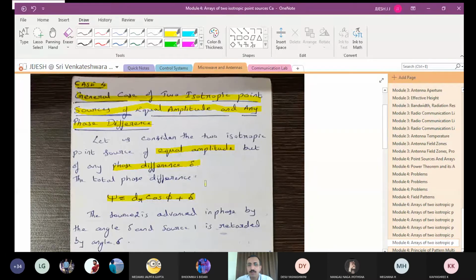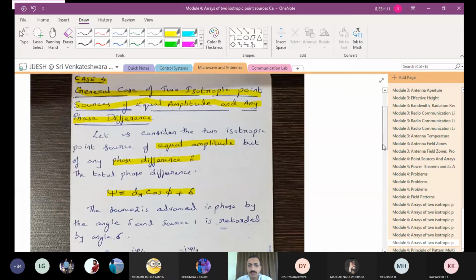But here it is any phase difference, so we are going to substitute delta as per your requirement, whichever phase difference you consider. You can make a note of it: case 4, general case of two isotropic point sources of equal amplitude and any phase difference, and the equation for that is psi equal to dr cos phi plus delta.